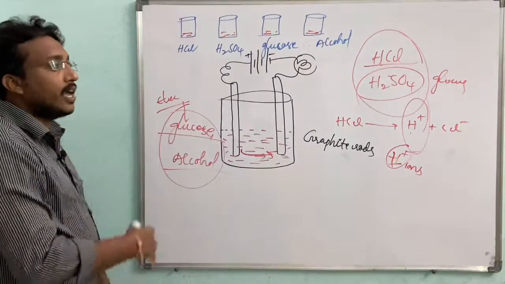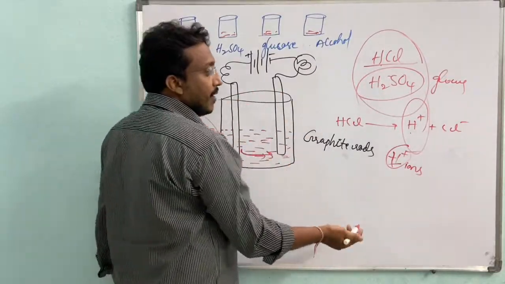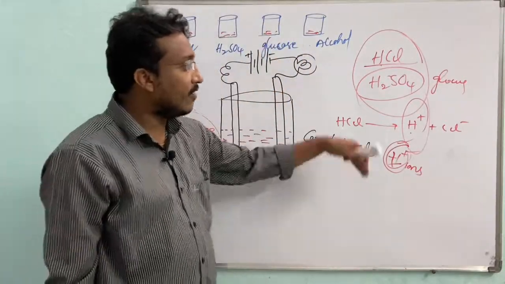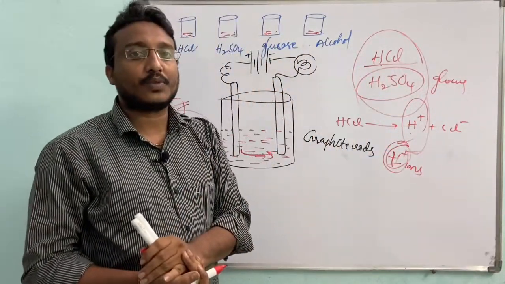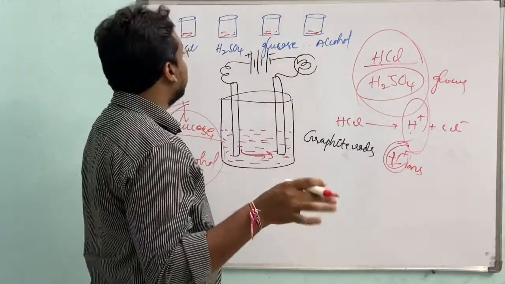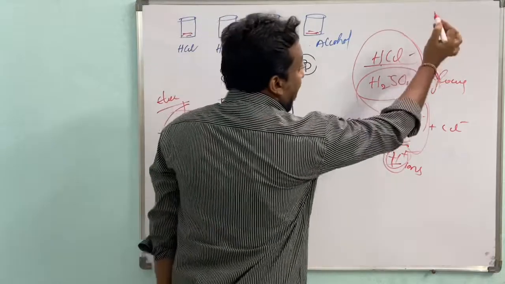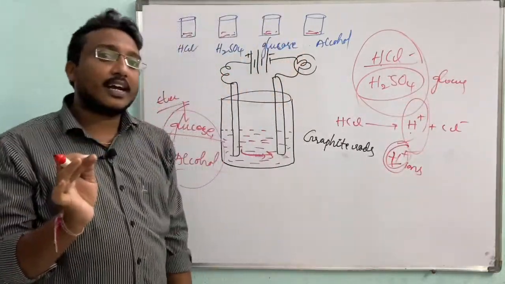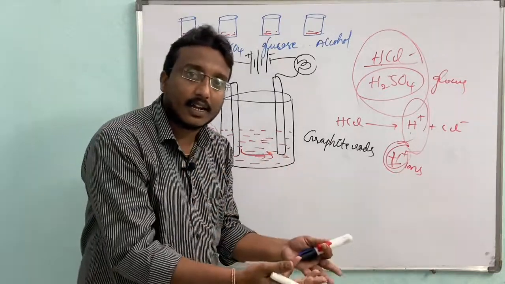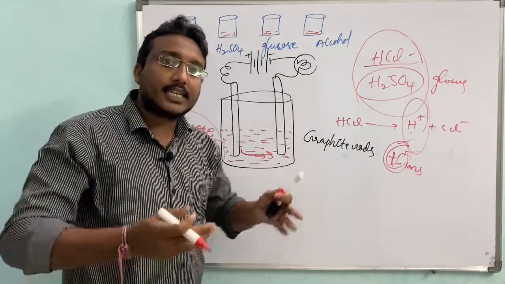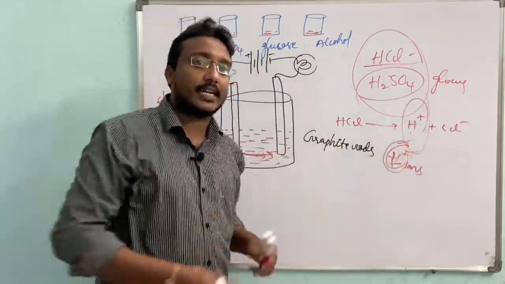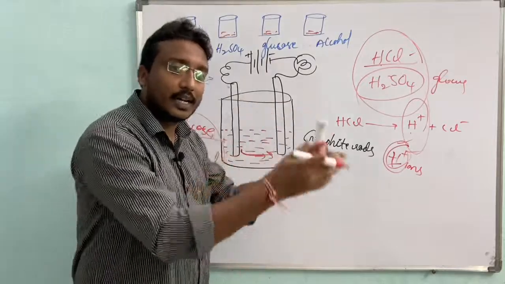The substances gain the acidic nature because of the presence of H plus ions. Got it? Right. One more thing we came to know is that acids are good conductors of electricity. What are conductors, sir? Conductors means the substances which allow electricity to pass through them. Then acids are good conductors.